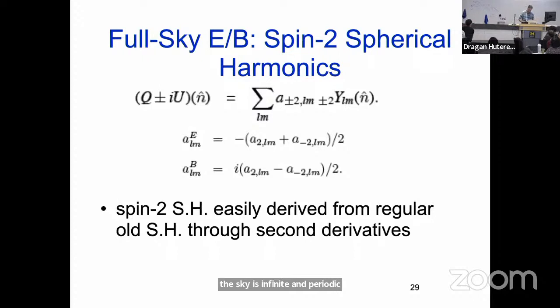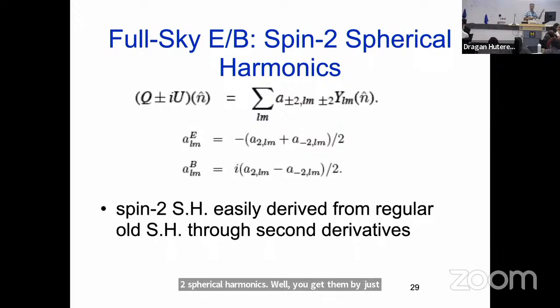So strictly speaking, the right way to do the CMB analysis is to do spherical harmonics. The version for polarization are the spin 2 spherical harmonics. And what are the spin 2 spherical harmonics? Well, you get them by basically taking derivatives of the regular spherical harmonics.